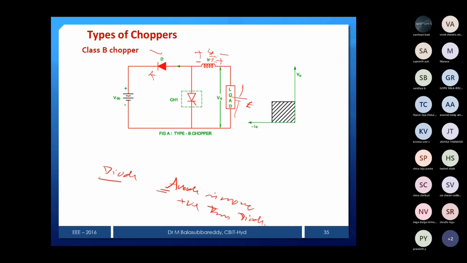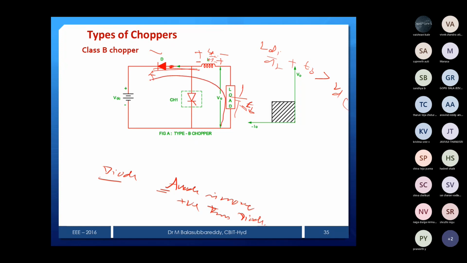You can see that the cathode is also positive here. But what is the anode voltage? At this point, this voltage is E_B plus L dI by dt. That makes L dI by dt plus E_B greater than V_DC. That's why the diode is forward biased.